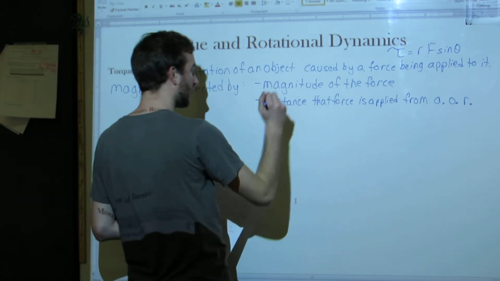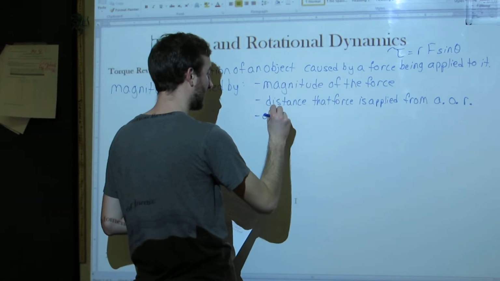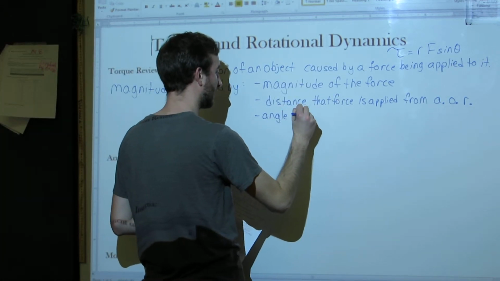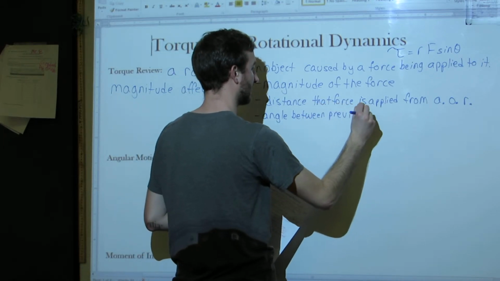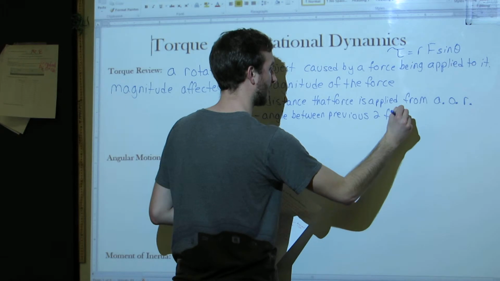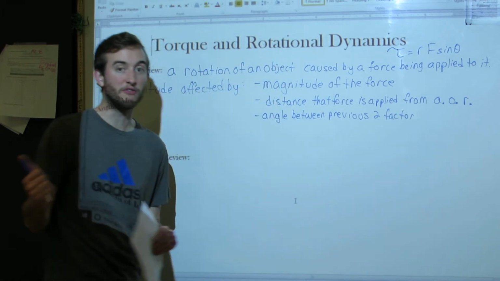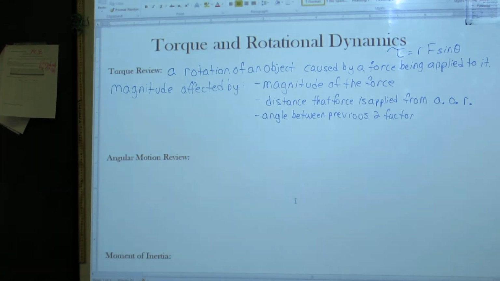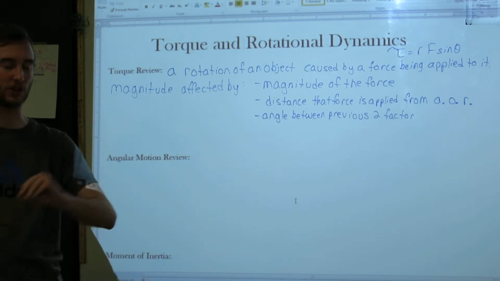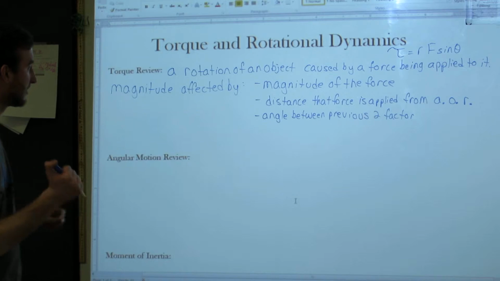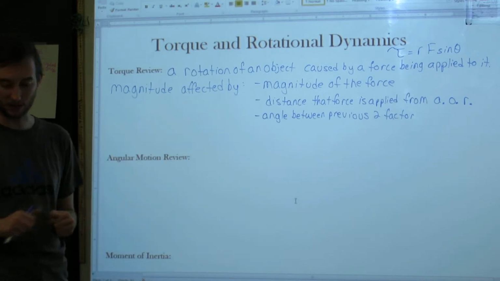The third thing has to do with that theta. The angle between the previous 2 factors. Okay, the angle between that force and the vector that goes from the axis of rotation out to where the force is applied. Those are the 3 things that the torque depends on.